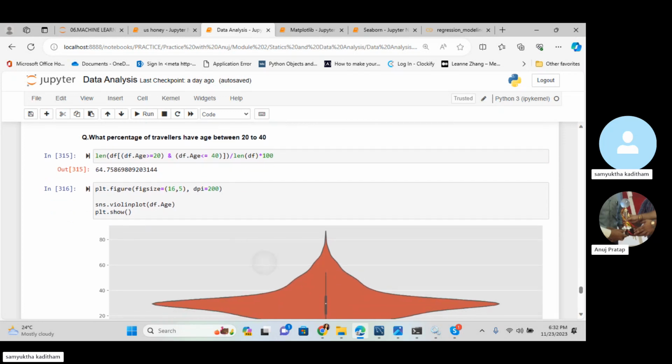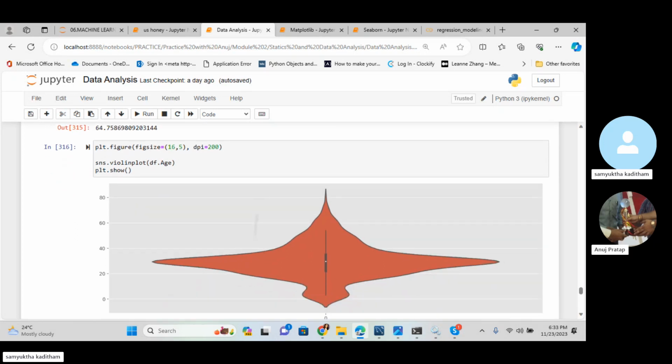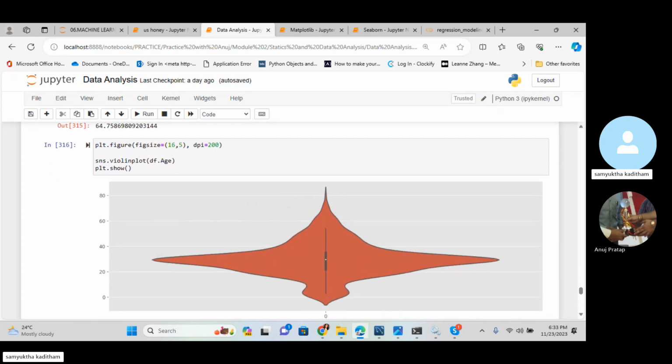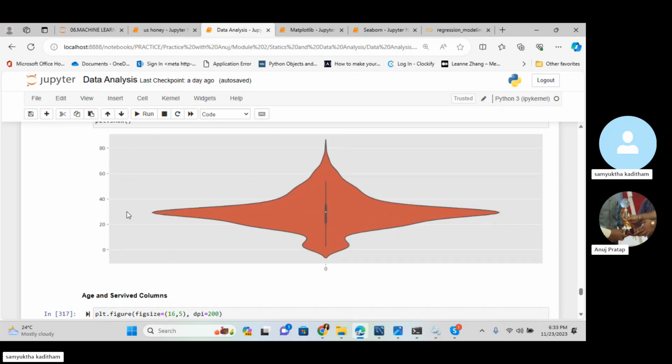So the people aged between 20 to 40 are 64% of all passengers. The same thing we can plot with a violin plot also. The peak is between 20 to 40, meaning there are more people compared to the other ages.